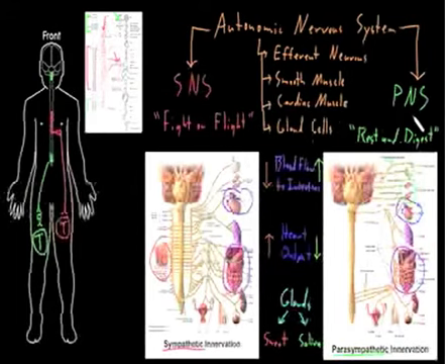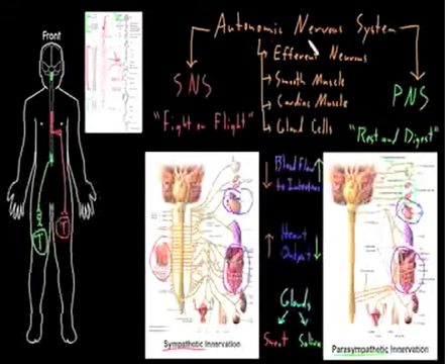Whereas all of these things that the parasympathetic nervous system is doing make sense in non-threatening situations where we're actually trying to conserve and store energy, like diverting blood flow away from skeletal muscle to the intestines to increase digestion, decreasing cardiac output to conserve energy, and increasing saliva production from the salivary glands to help with digestion as well.